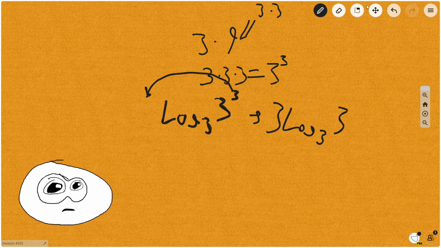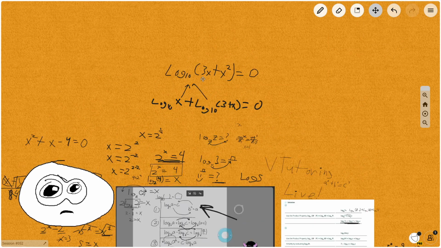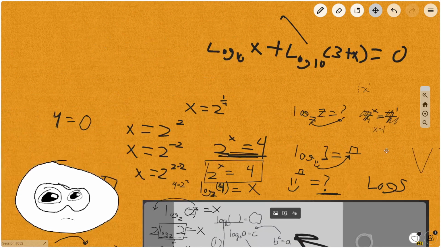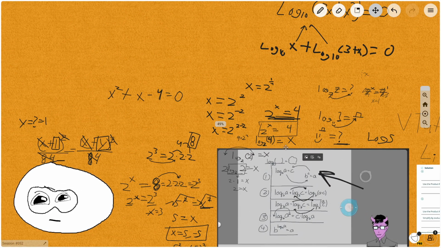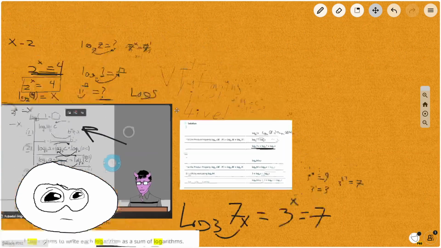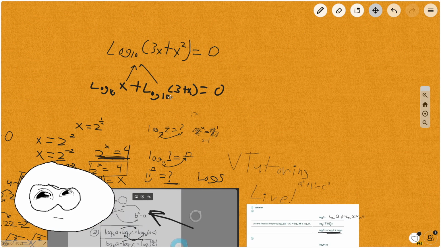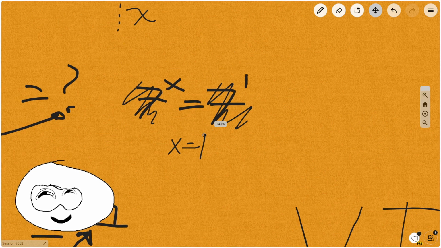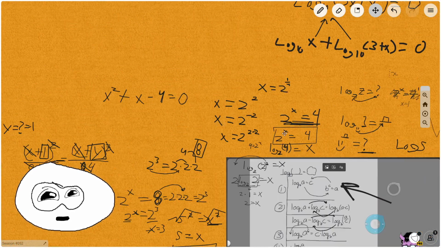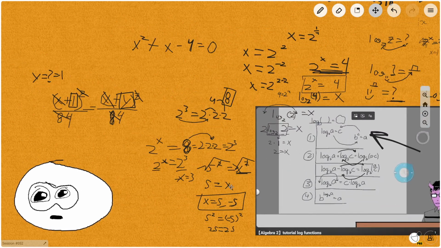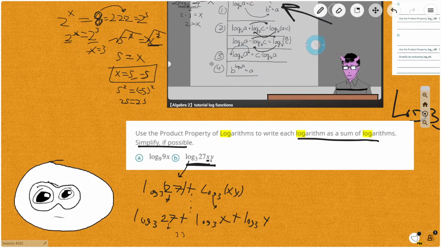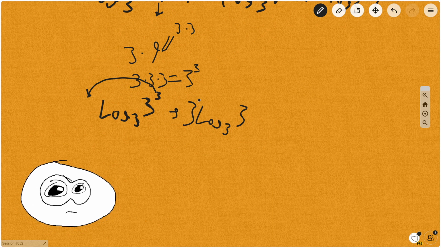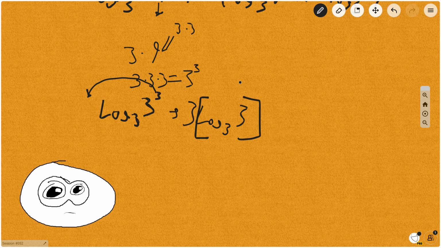Just like in my previous example, where was it? Did I erase it? Oh, it's right here. No, that's not it. Anyways, if you have the log of a number with the same base, that whole thing equals 1.